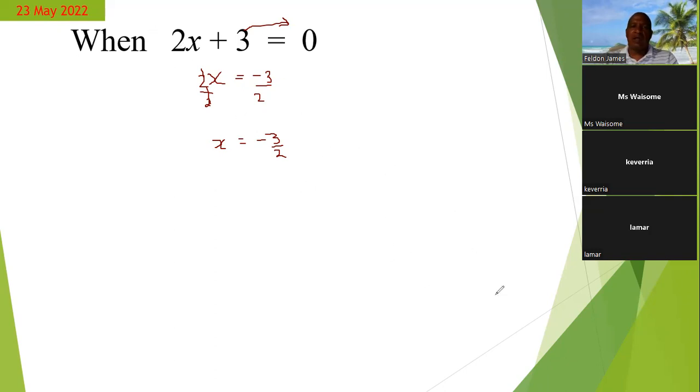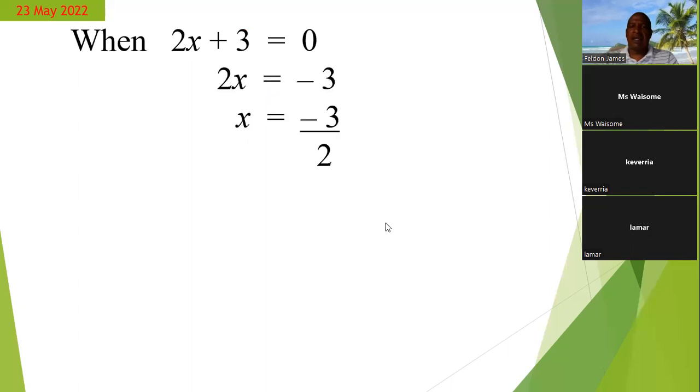So the next thing we want to look at now is when x minus 5 equals 0. All right, after we solve this and get x equal to negative 3 over 2, now we look at when x minus 5 equals 0.